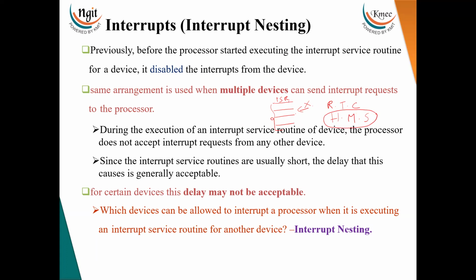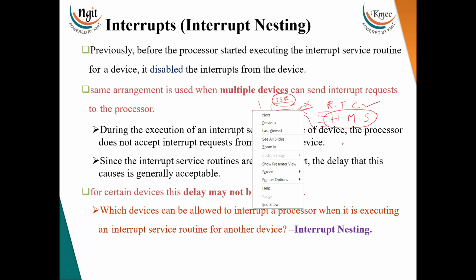For example, if the keyboard or printer ISR is being executed and it takes some time, and the real time clock generates an interrupt signal, then the microprocessor is supposed to accept this interrupt, suspend this ISR, go to the ISR of the real time clock, and execute that program.